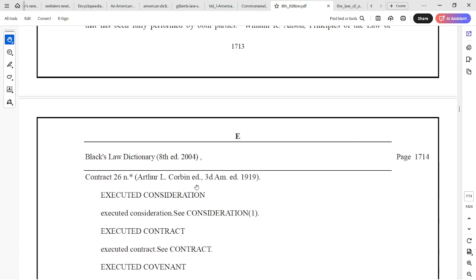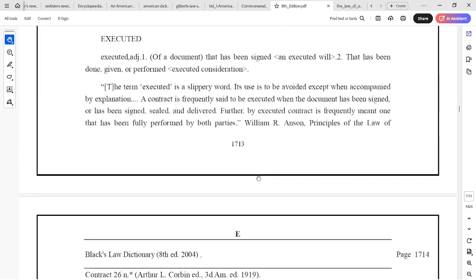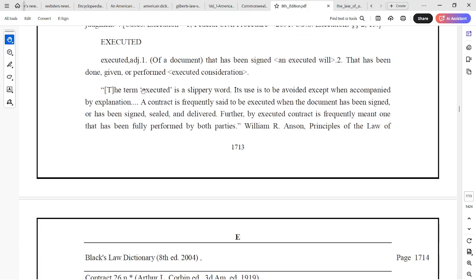And Arthur L. Corbin, American edition, 1919. Right? So, executed, that has been done, given, or performed.